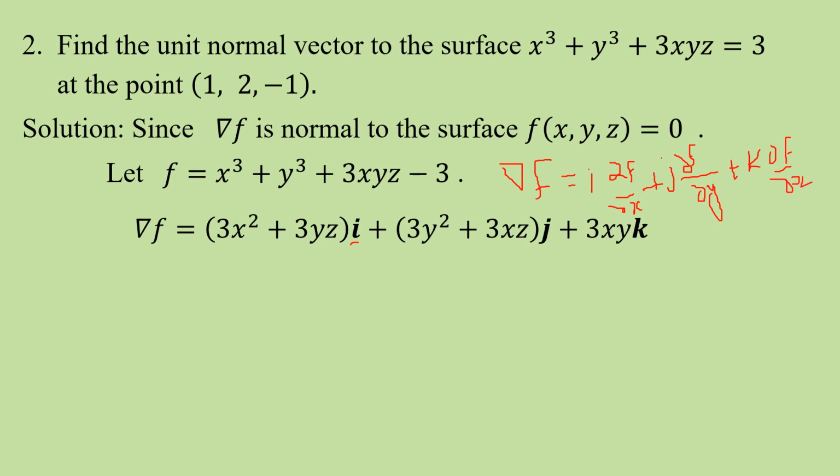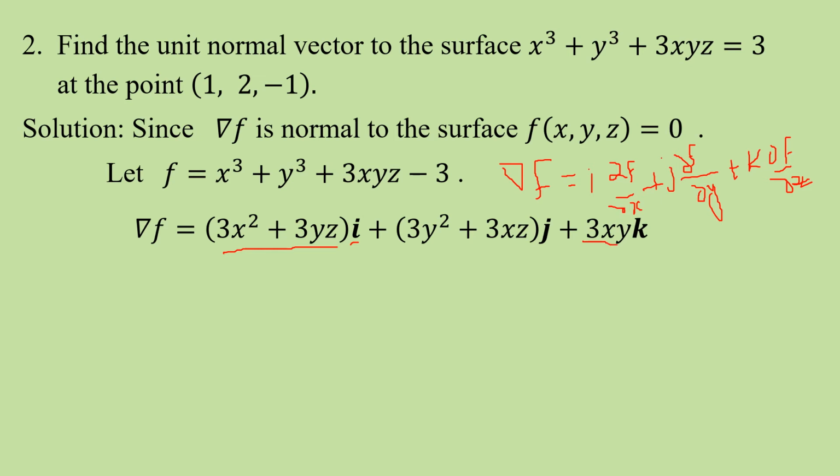Differentiating partially with respect to x, treating y and z constant, I got 3x square plus 0 plus 3yz, which is anyhow constant. So the component of i is 3x square plus 3yz. Plus ∂f/∂y: differentiate f partially with respect to y this time, 0 plus 3y square plus 3xz. So 3y square plus 3xz j. Plus the derivative of f with respect to z: 0 plus 0 plus 3xy. So the component of k is 3xy.